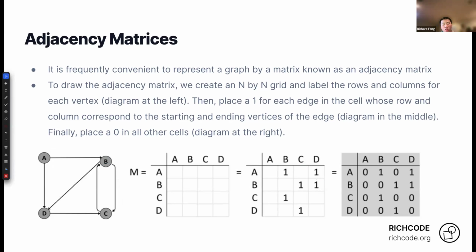So basically, we can construct such a matrix, and we fill in the rest of them with zeros, which show that there is no path between the two vertices. And we can also write the weights there in the matrix. This is helpful because in a directed graph, we can go from like A to B, but maybe not from B to A, and we can indicate that with an adjacency matrix.